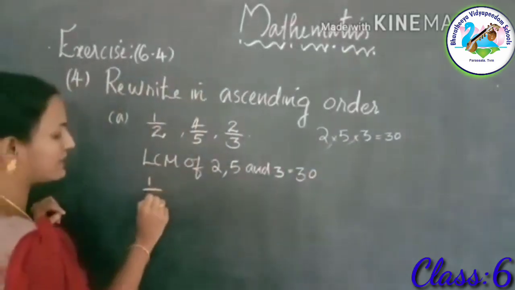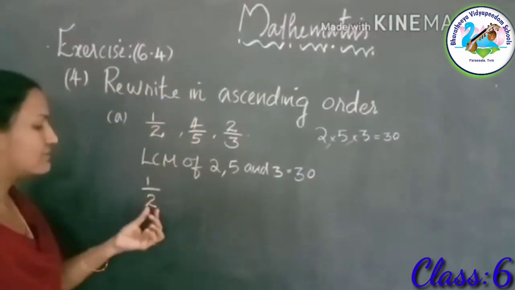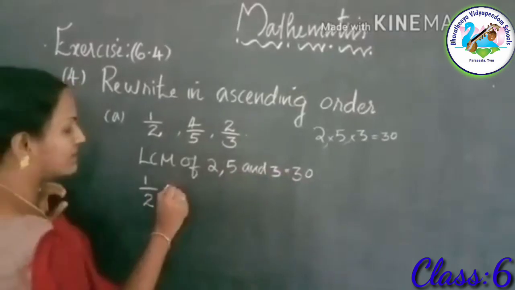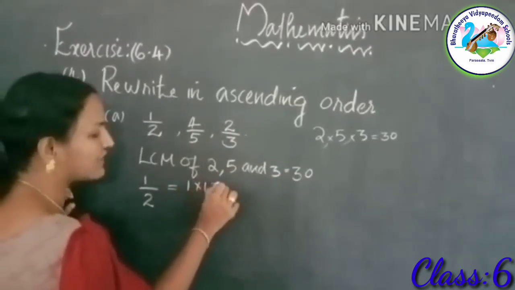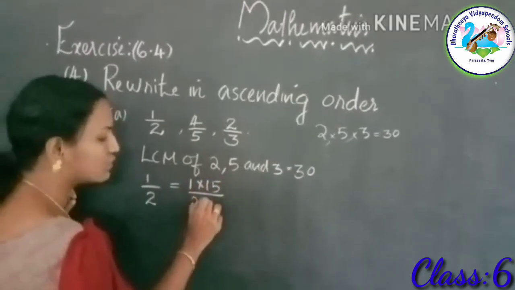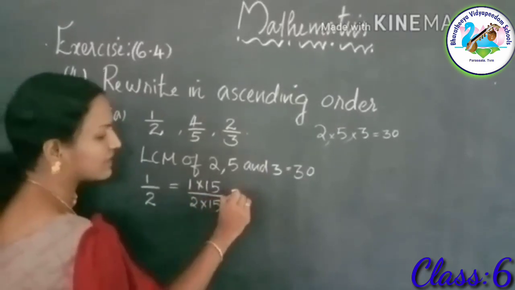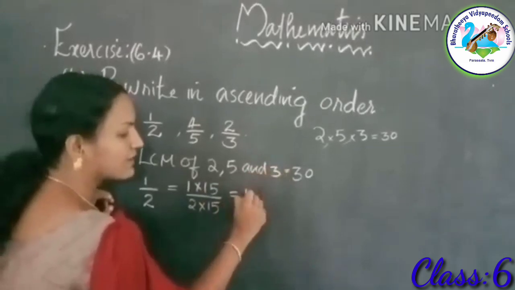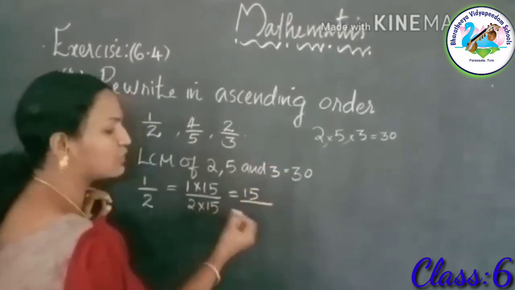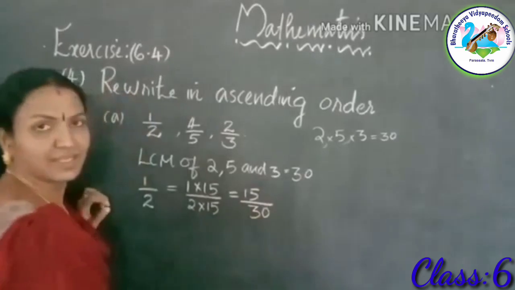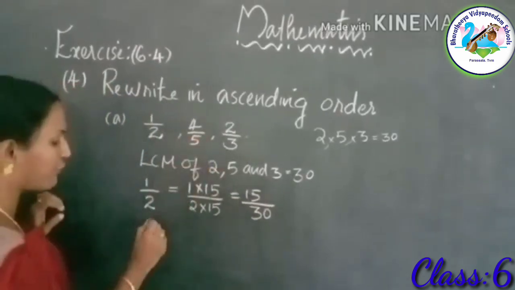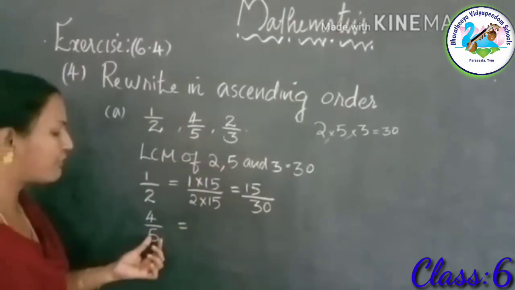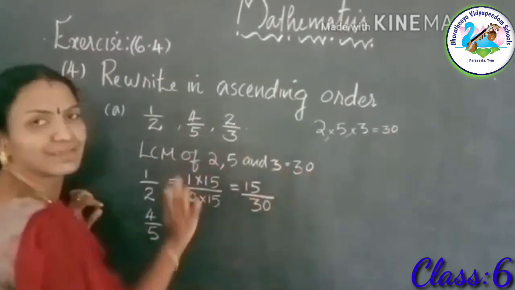First fraction 1 by 2. Multiplying 2 with 15, we get 30. So 1 into 15 divided by 2 into 15 is equal to 15 by 30. The second fraction 4 by 5. Multiplying 5 with 6, we get 30.